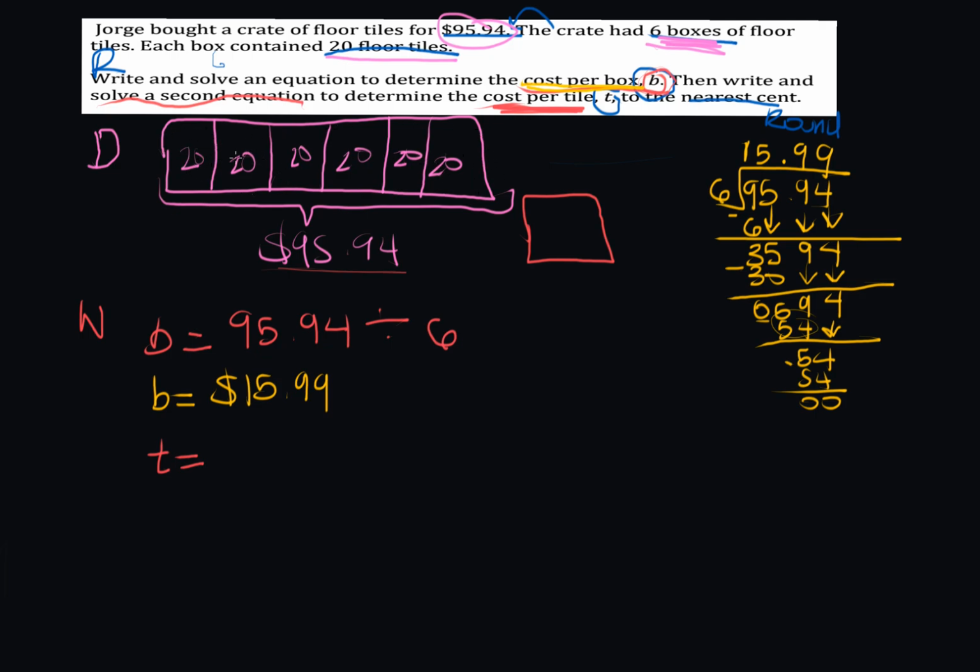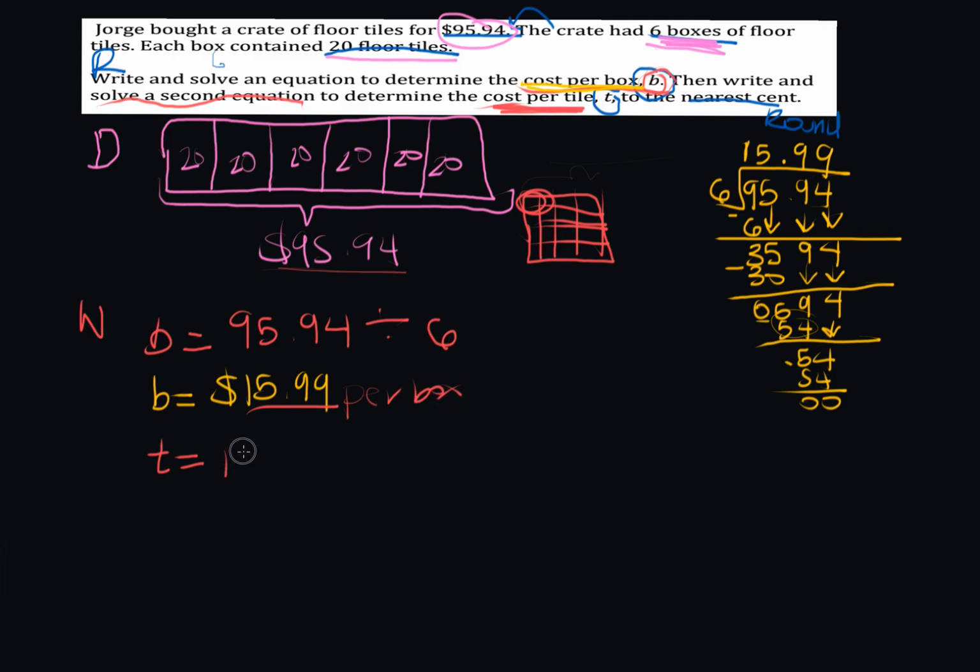We have one box that has 20 tiles in it. So if we are solving for 1, just like we did up here, and we know that the overall cost is $15.99, that means we're going to have to divide again. So the price that we found was $15.99 per box.